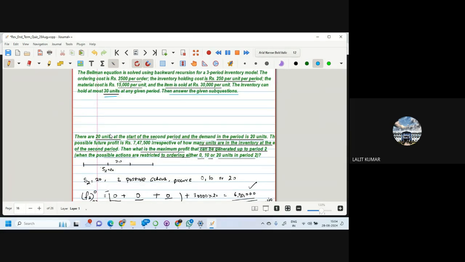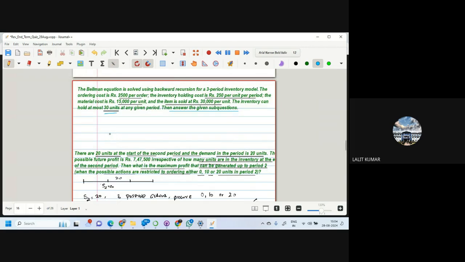So we'll solve it. There is a 3-period inventory model, so there are 3 periods: 1, 2, 3. The ordering cost is 2500 per order, so if you have to order, 2500 is your CO. The inventory holding cost CC is 250 per unit.